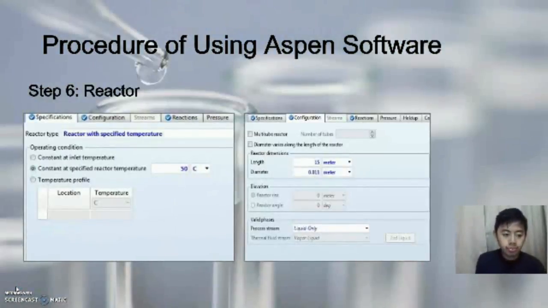Then the reactor type is chosen, which is a reactor with specified temperature, which is 50 degrees Celsius in this case. After that, the configuration of the reactor is set. The length of the reactor is set to 15 meters, and the diameter is 0.011 meter. For that, the volume of the reactor is about 1.5 liters.